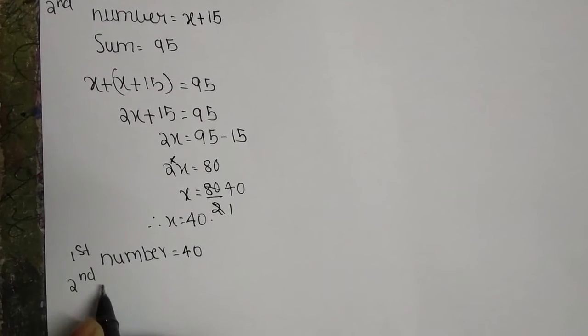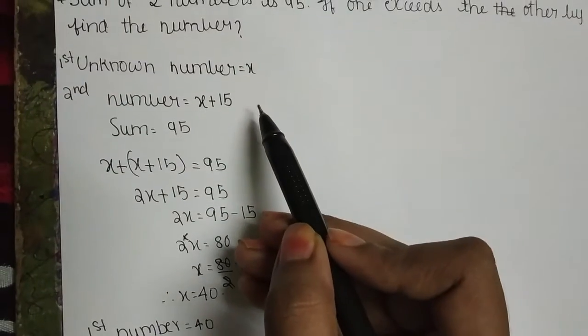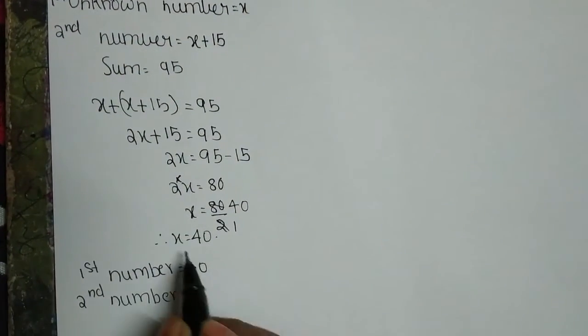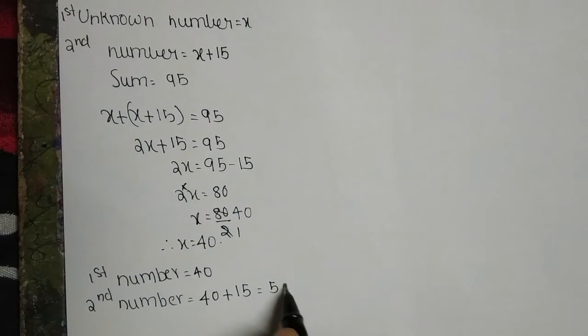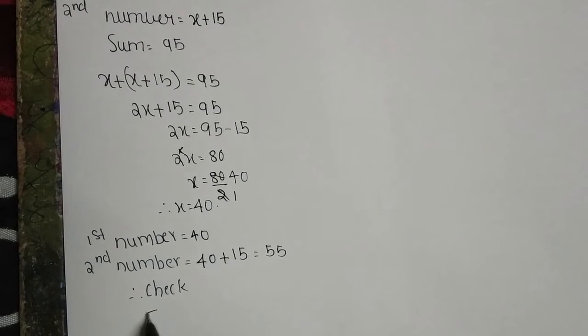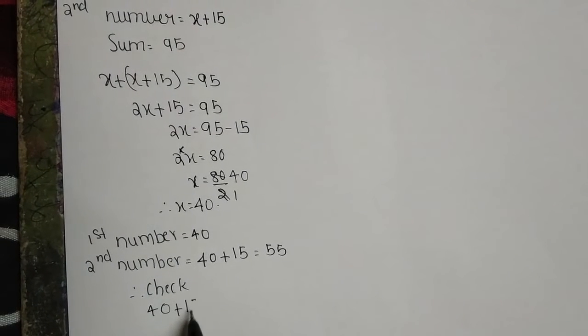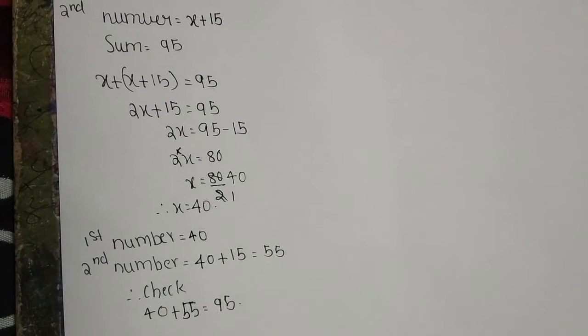What is the second number then? x plus 15 means 40 plus 15, we get 55. Therefore, you can also check them. When we add 40 plus 55, we get 95.